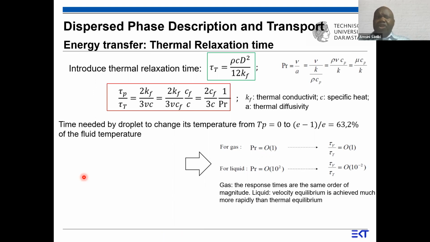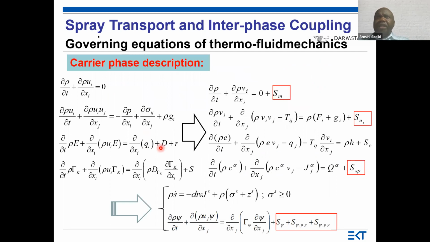In the previous lecture, we introduced the thermal relaxation time. I recall it here, and we derived a relationship between the thermal relaxation time and the dynamic one. This is only to remind you. Then we can continue by seeing how we can transport the spray while accounting for the interface coupling.